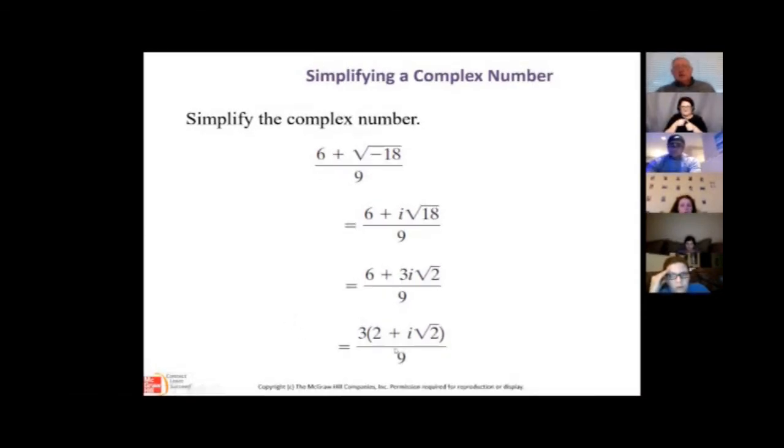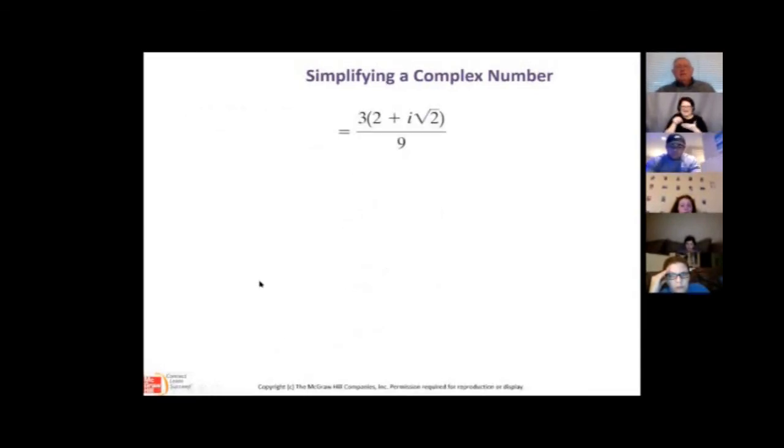We're going to cancel this 3 and this 9. So now we've got this value, but this is not in standard form. So we have to make it 2/3 plus square root of 2 over 3 i. Now, when you write an answer like this, make sure it's very obvious that that i is not underneath that radical. We'll go to chapter 7.